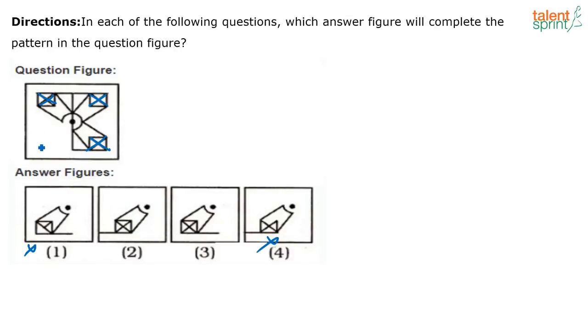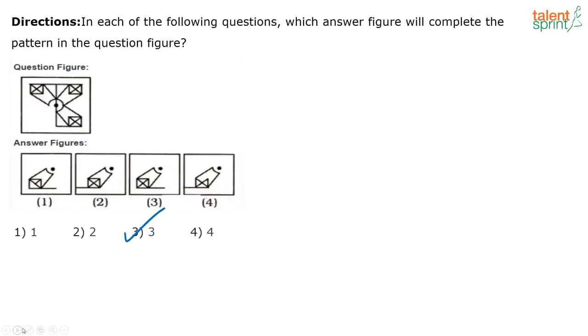Similarly, whatever will come here in this end, there has to be a square and there has to be a line like this. Compare these two options. This cannot come here, so this has to be your correct answer. That is option 3. Just by looking itself, you can eliminate options and get the answer. So this is going to be the figure that's going to come here. This will be your final figure. Option 3 is your correct answer.